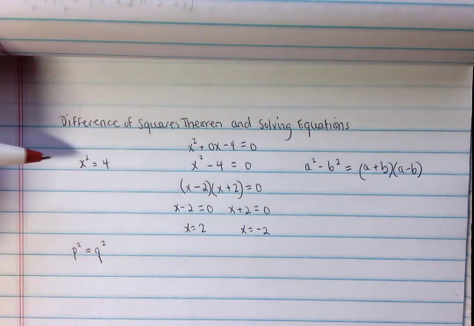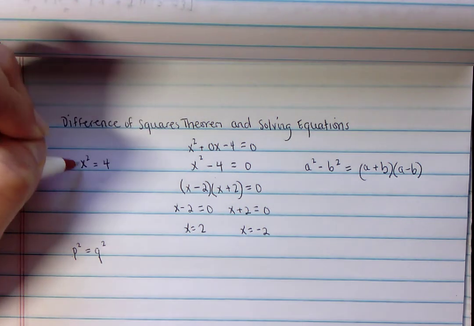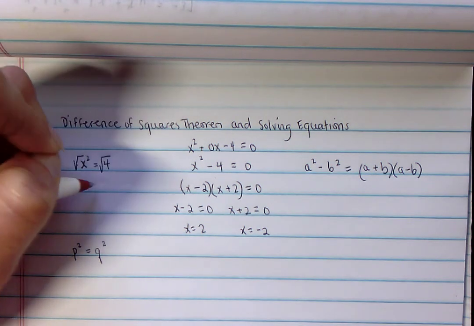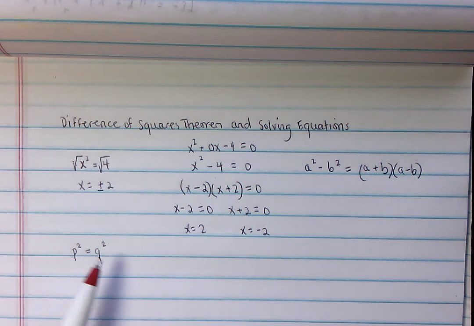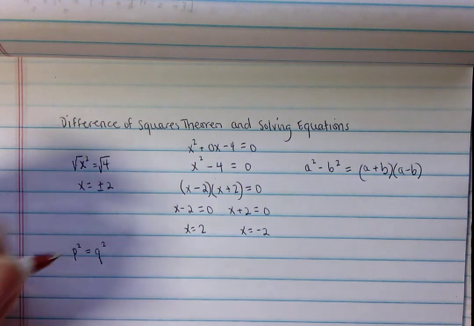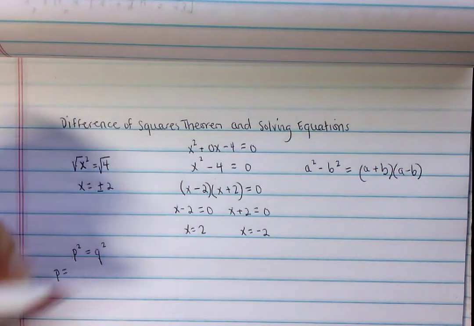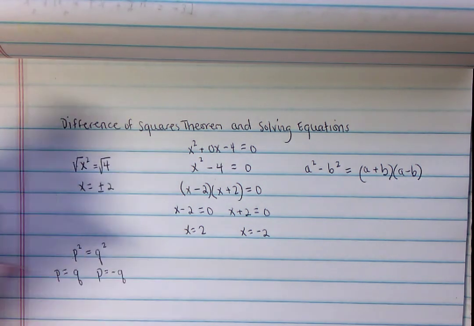So if you were to try to get x by itself on this one, you would take the square root of both sides, and you would get plus or minus 2. They're just saying that any equation in this form can be solved by thinking of your two solutions as p equals positive q and p equals negative q.